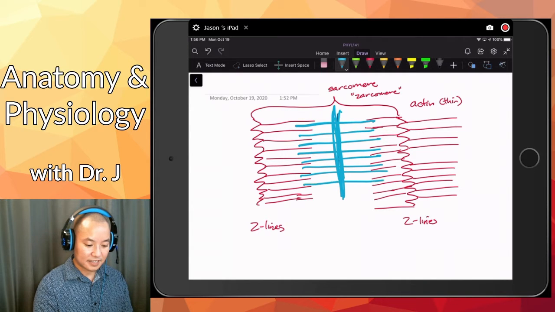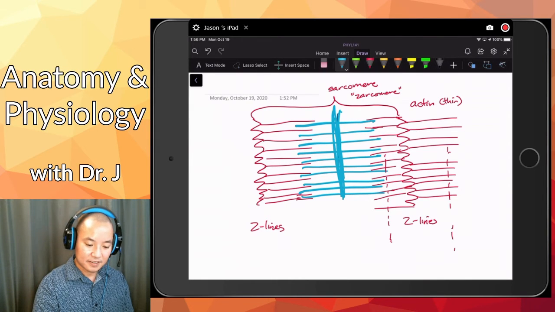Now the thing is that these parts right here only have thin filaments. So these are all the parts that exclude the thick filaments. So say we had another set of thick filaments here.